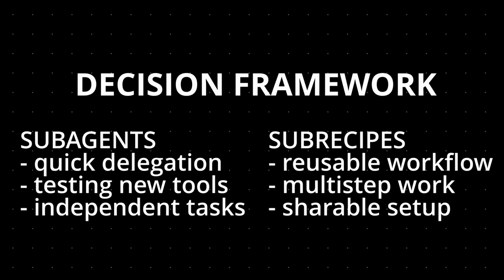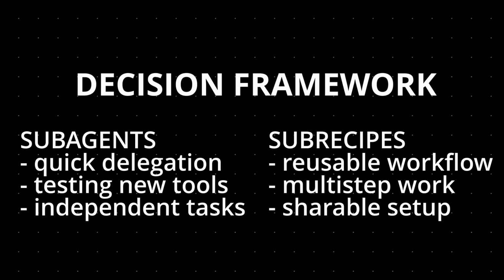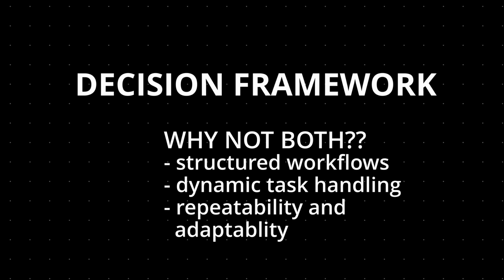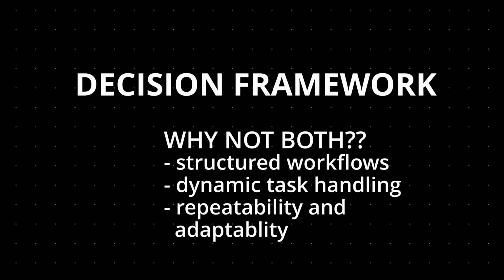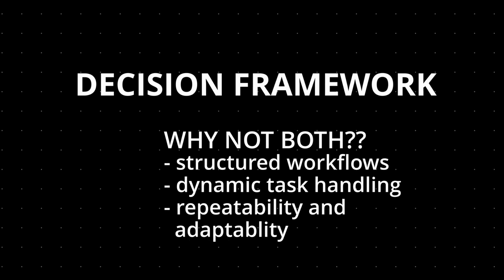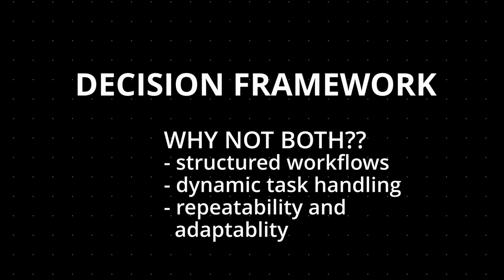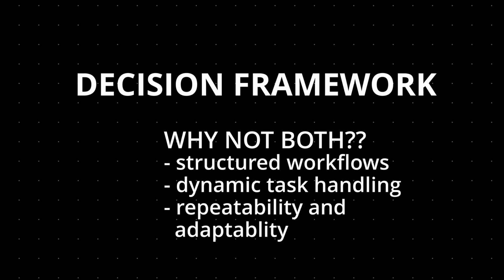You can store these recipes in version control and share them with your team. You can even consider using both together when you want structured workflow foundations of subrecipes plus dynamic task handling. This will give you the most flexibility in complex projects when you're building systems that need both repeatability and adaptability.